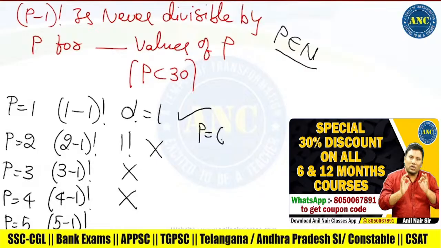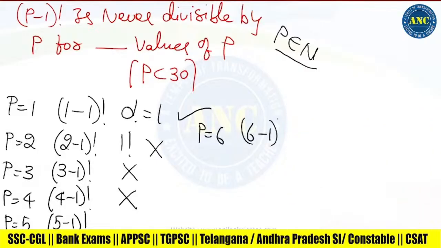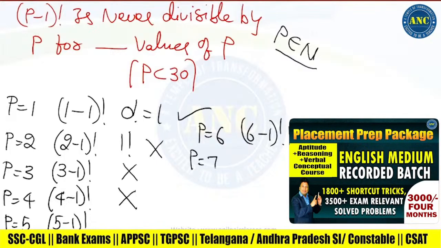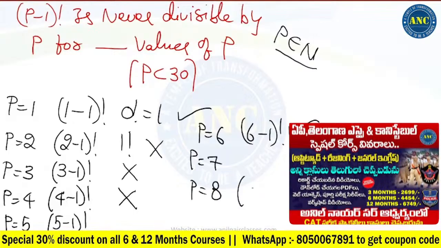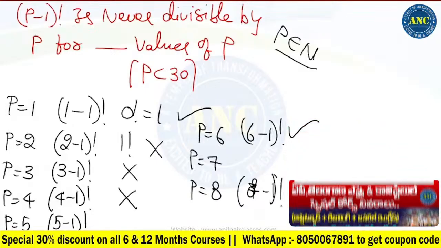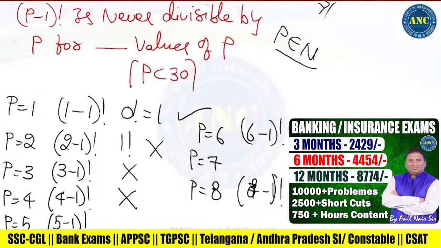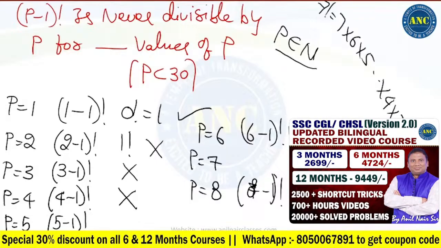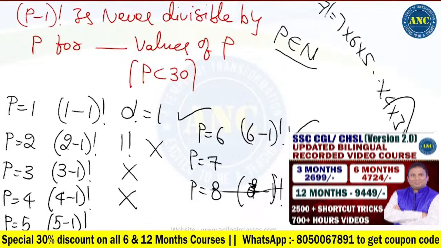No. If P is 6, 6 minus 1 factorial, 5 factorial, 120, is divisible by 6. If P is 7, 8, we will stop here because I want to derive. 8 minus 1, 7 factorial, which is 7 into 6 into 5 and so on up to 4 into 3 into 2 into 1, is divisible by 8.